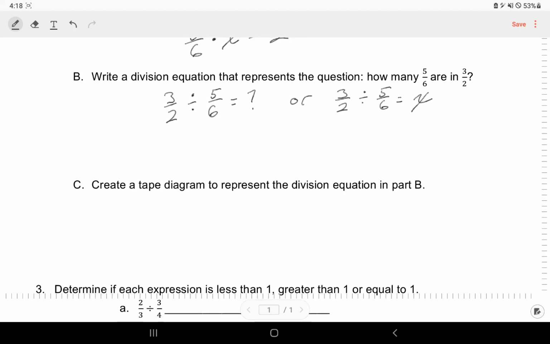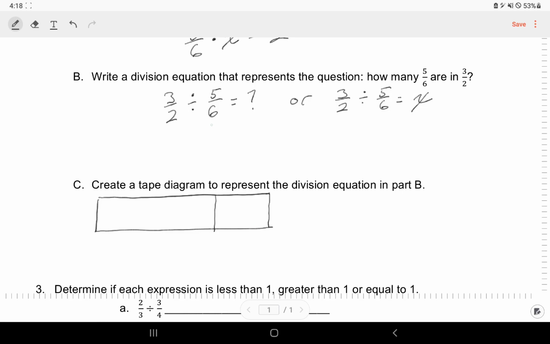Create a tape diagram to represent the division problem. Nice, simple, easy. We've got 3/2. So that's 1 1/2. So there's my 1 1/2.